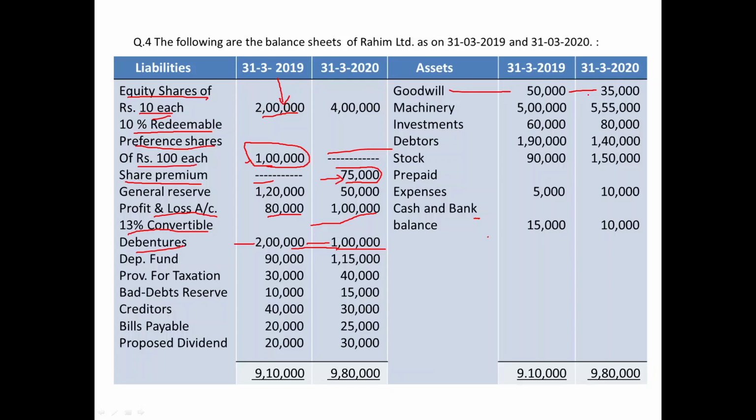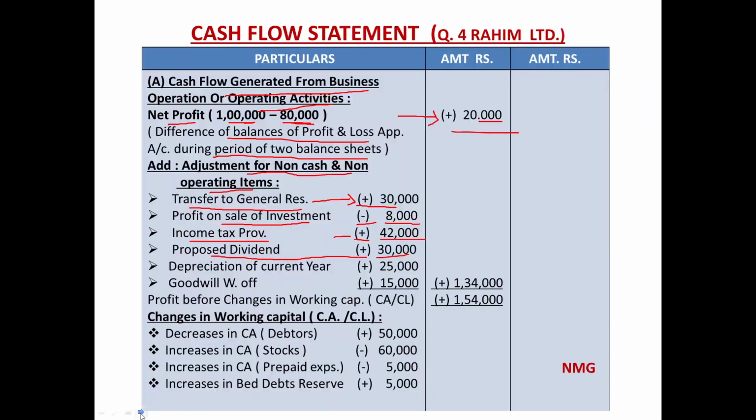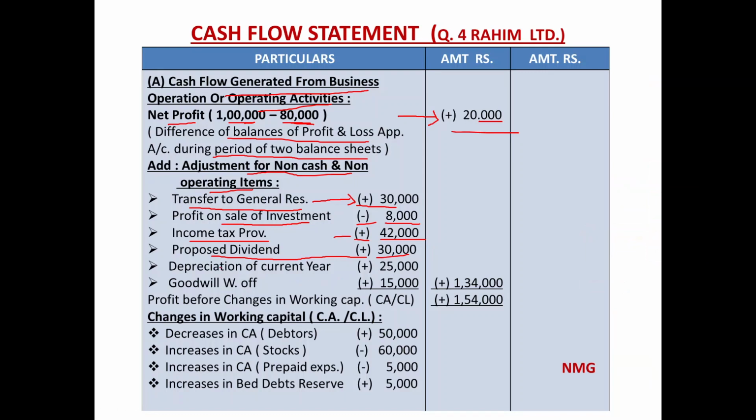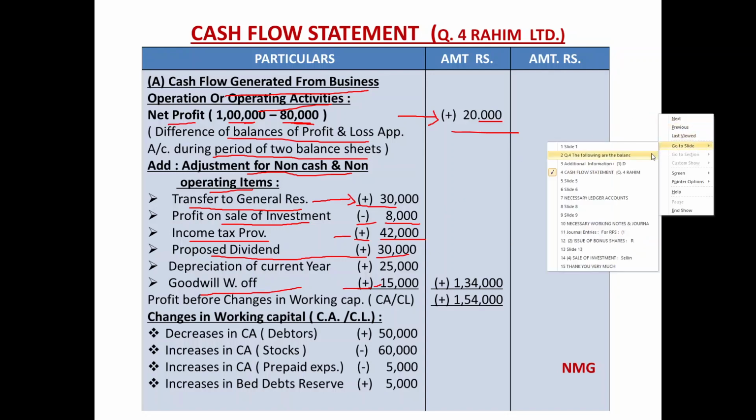Profit and loss account debit, goodwill account credit. But it's a non-cash item and that is why it will be added back in the current year's profit once again under the first item. Goodwill written off plus 15,000. Once again, balance it.